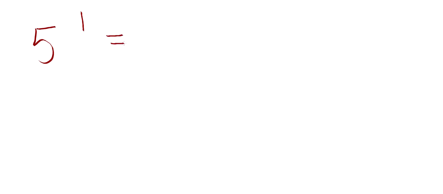But I'm not going to take 5 out and multiply it. Nothing is happening in this situation. It is the same thing as 5. So when my exponent is 1, it can be invisible. Just like 1 times 5, it's the same thing as 5.